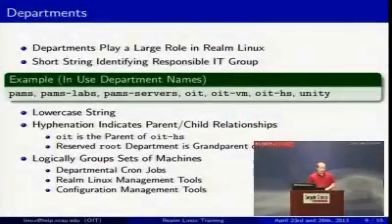So more about departments. Clearly, departments play a large role in Realm Linux. And here is a common list of examples. These are actually real departments that exist today. They are lowercase strings that include the hyphen character. The hyphen character indicates parent-child relationships.